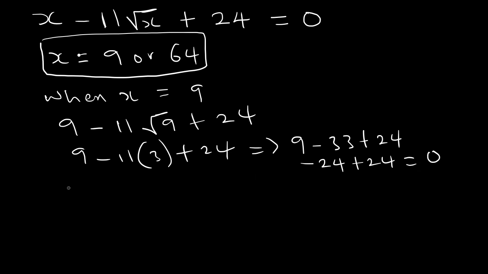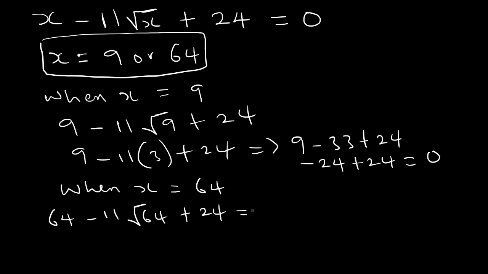Now we'll take the second case. When x is equal to 64, we have 64 minus 11 root 64 plus 24. And we'll have 64 minus 11 times root 64, which is 8, plus 24. And we'll see whether the result will be equal to 0.